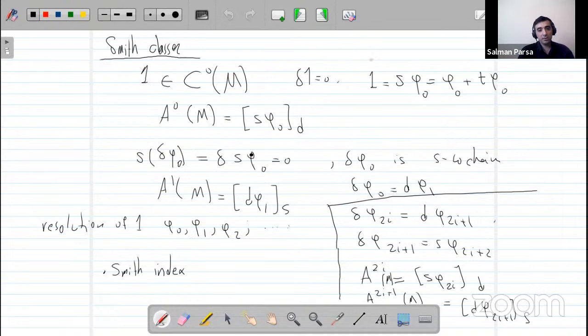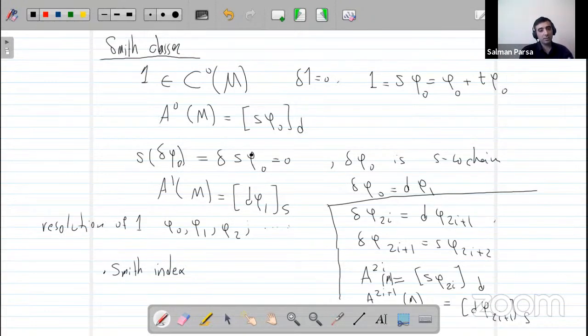So you simply start with this one, and you have these choices. Every time that you want to write, for instance, 1 as S times some other chain, you have a choice here, right? If you are interested in the intuition, these choices actually correspond to the different fundamental domains that you can choose for your cells of every dimension.